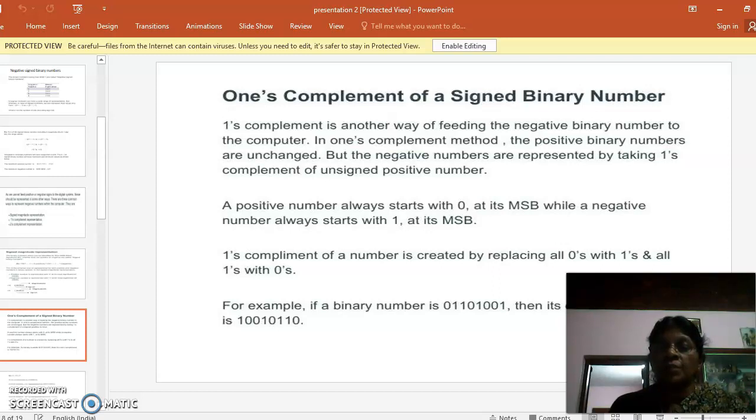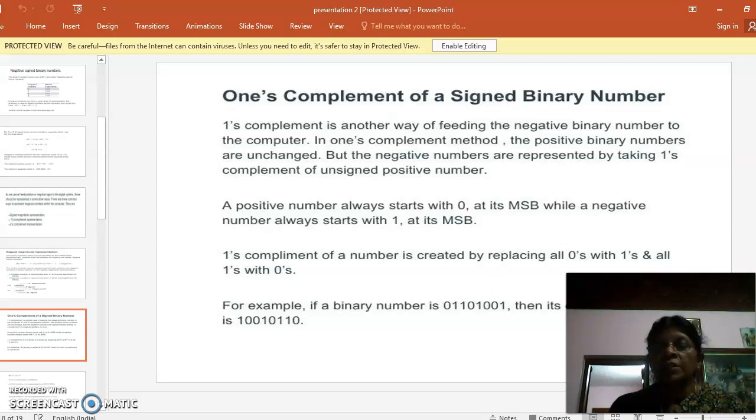A positive number always starts with 0 at its most significant bit, while a negative number starts with 1. The 1's complement of a number is created by replacing all zeros with 1's and all 1's with zeros. Here is an example.